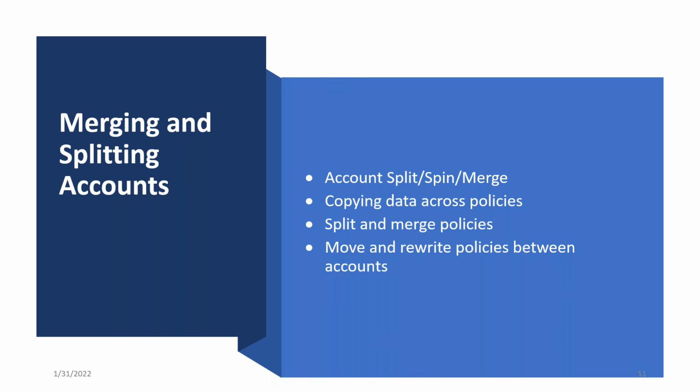Now the kid grows up to 18 years, is able to earn some money, and says, mom and dad, I want to come out and run this policy on my own. If we want to come out from that policy contract, how do we do that? Those things we will also learn: split and merge, move and rewrite. There are a lot of concepts, so we will learn this in this class. This is interesting.